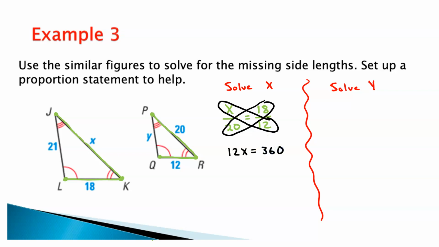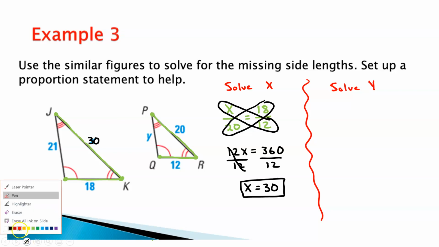When I divide both sides by 12, I get that x is equal to, what's 360 divided by 12? That gives me 30. So x here measures 30 units. All right, so that is one value that I found. Let's go through now and find y.